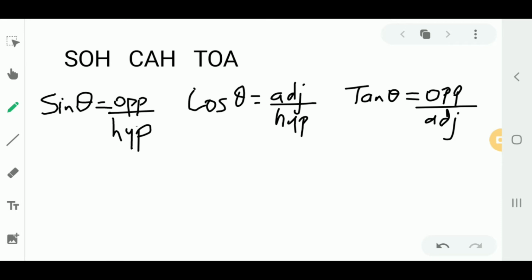So these are the three key trig ratios that we will be focusing on.